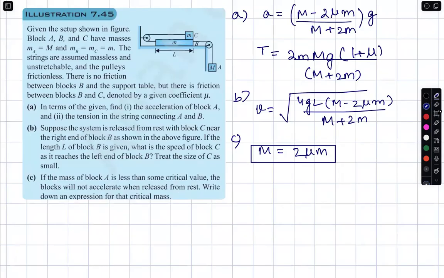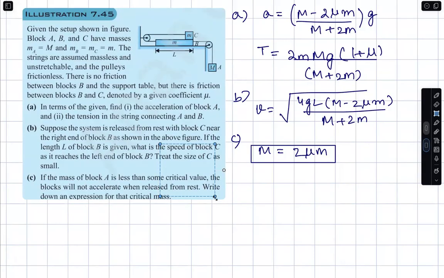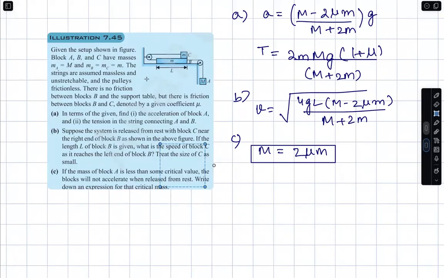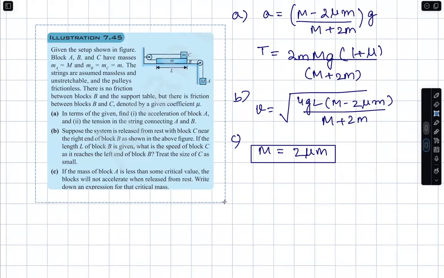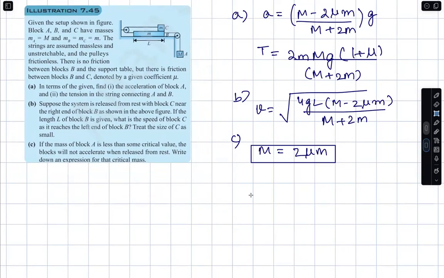Go through this question, everyone. Boys, come on.